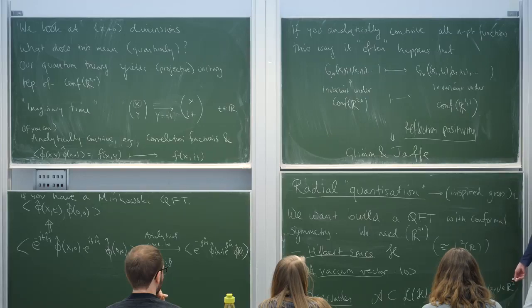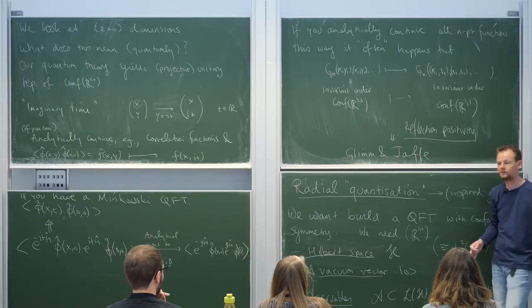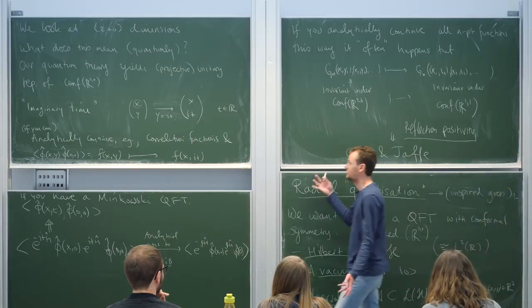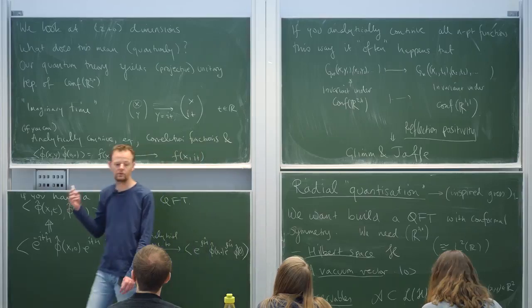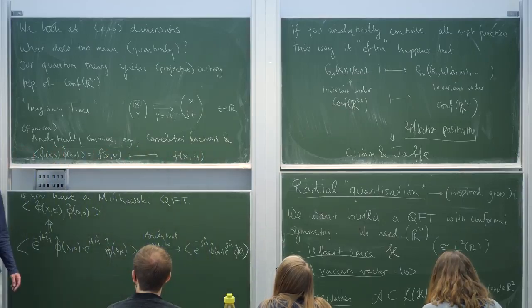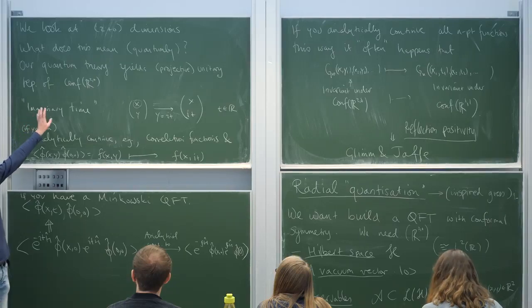Now, these quantum field theories are a little bit different from the ones that you're used to in relativistic quantum field theory, because they don't have the time translation group as a subgroup.